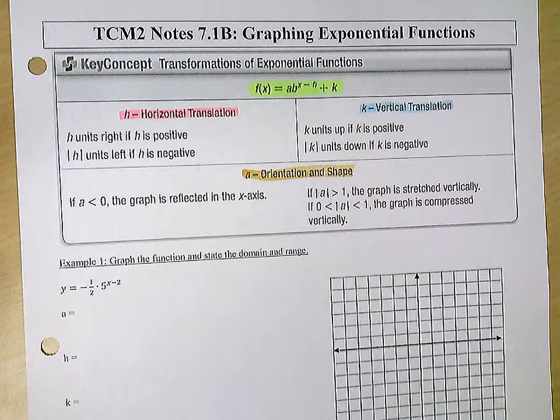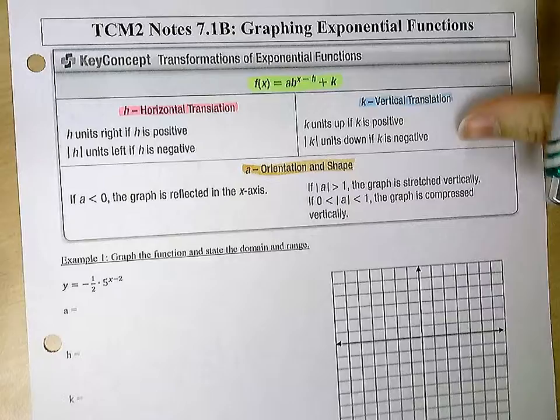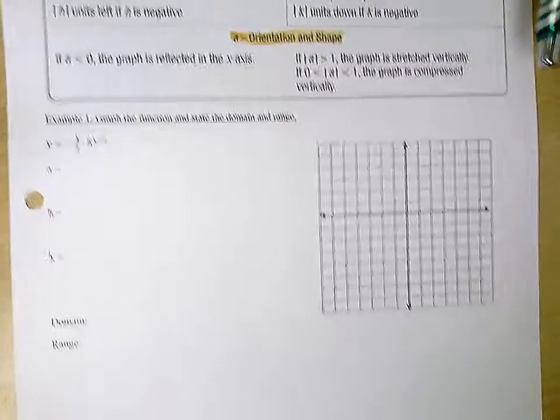If a is between 0 and 1, so it's a fraction, like 1/2 or 1/3, it compresses all your points, so it makes them closer together. It pushes them towards that x-axis. So we are going to use those to graph our functions today and state the domain and range.